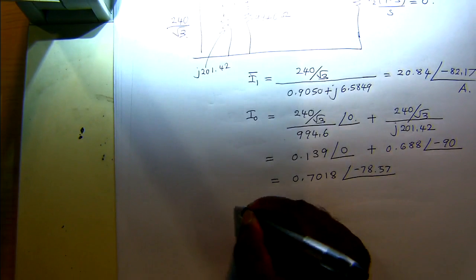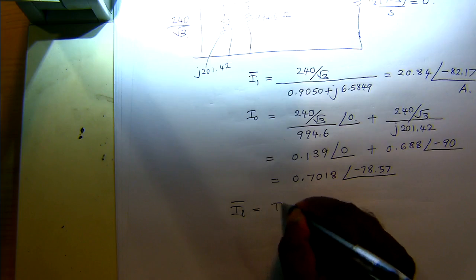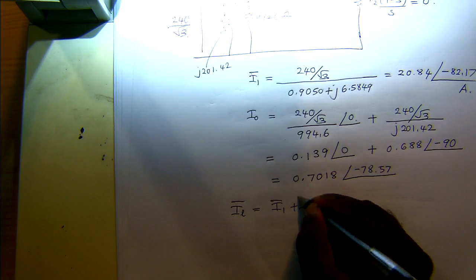So let's say the line current will be this current plus the magnetizing current.